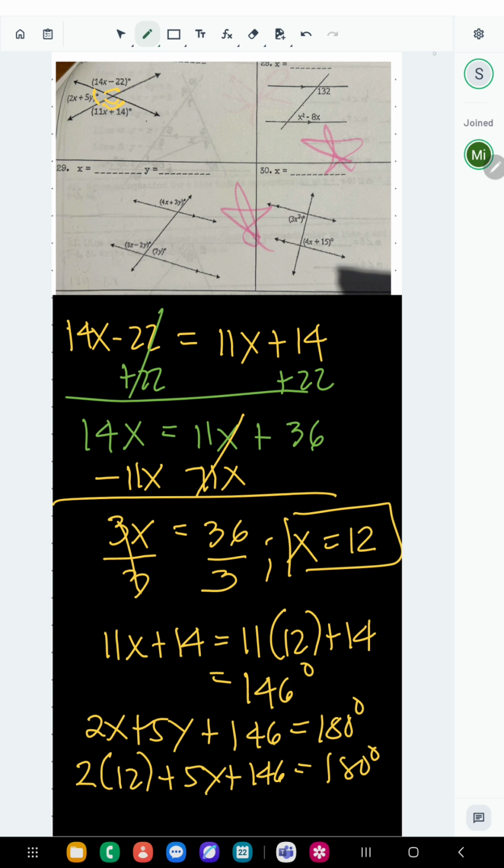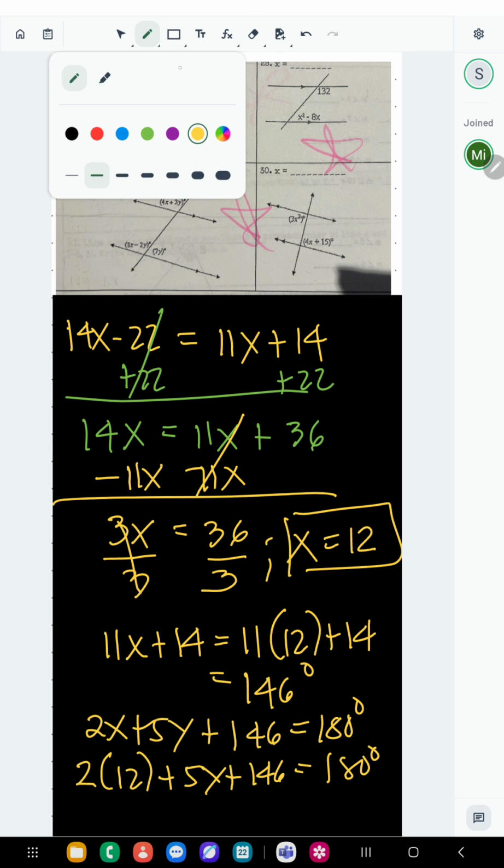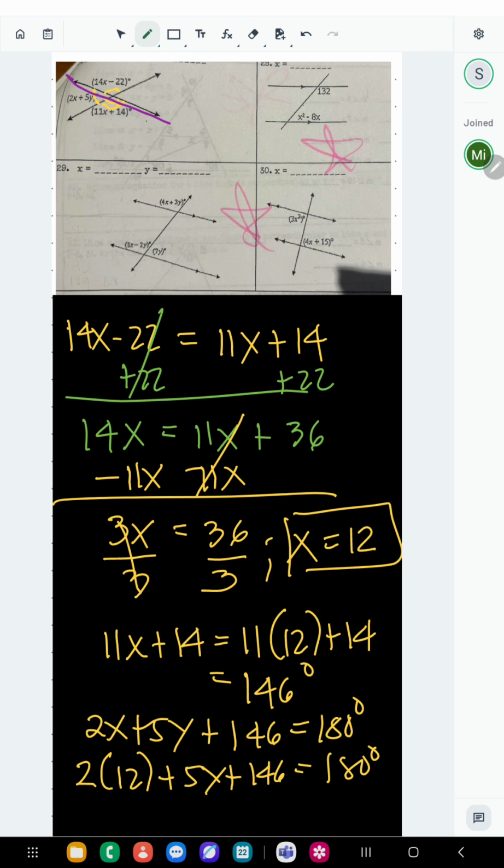Is that confusing? Look, this line is a straight line. Obviously. And this one is also a straight line. So when it's a straight line, all of the angles there add up to 180 degrees. So that means this angle plus this angle is equal to 180 degrees.